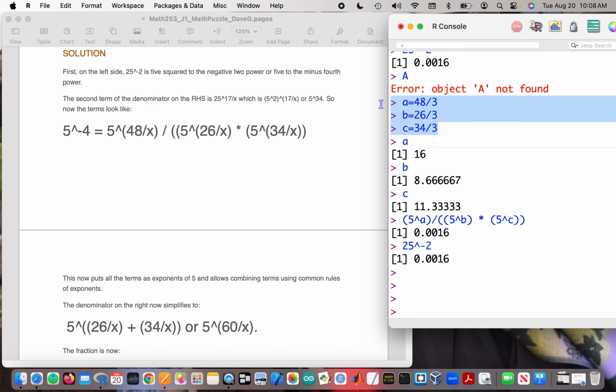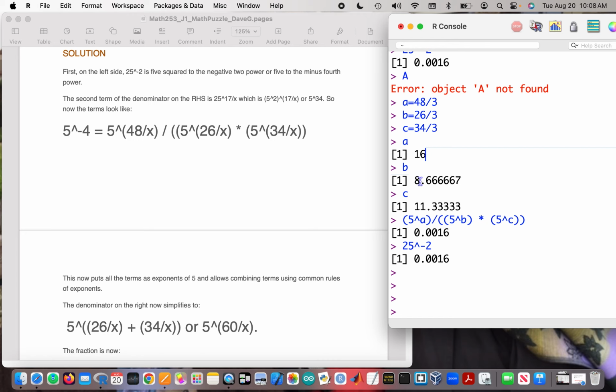I've set those three values to variables named a, b, and c. A is 48 over 3, b is 26 over 3, and c is 34 over 3. And just to check my math, a is 48 over 3, which is 16.